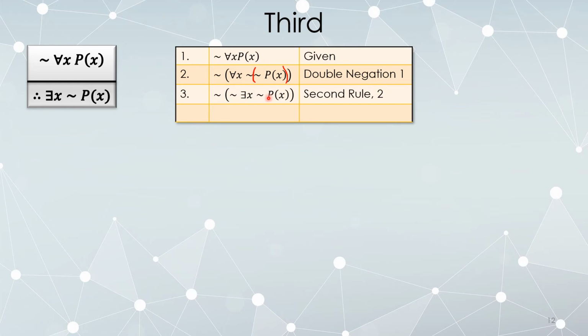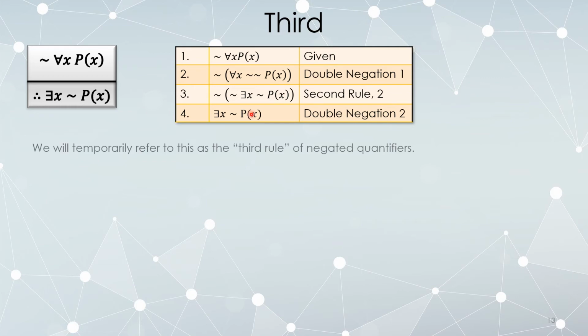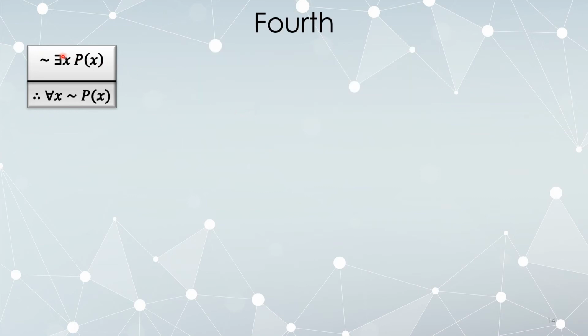So that was our second rule. And now I can apply double negation here. So we have moved from, it's not the case that for any x, P of x is true. Therefore, there exists something for which P of x is false. And we're going to call this the third rule, which only leaves this fourth one.